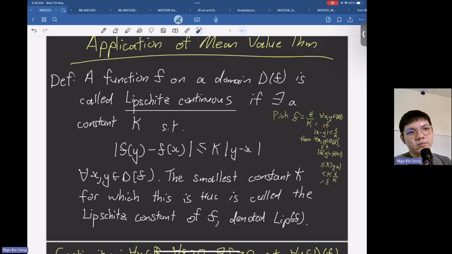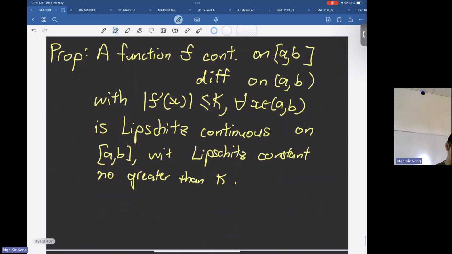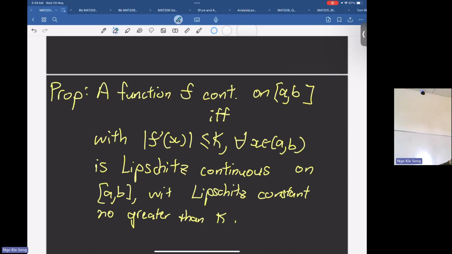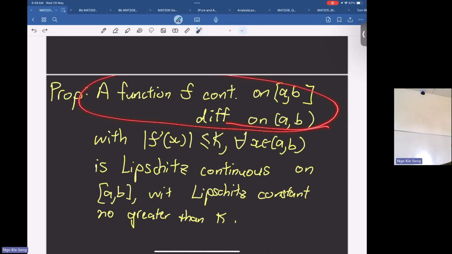So what to do? You see, these first two conditions sound very familiar.